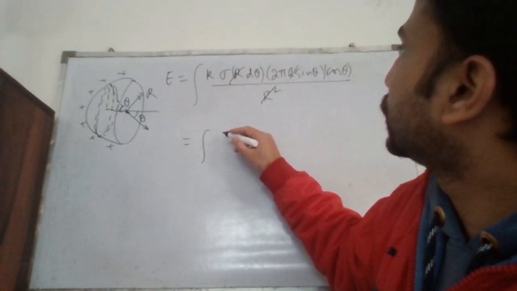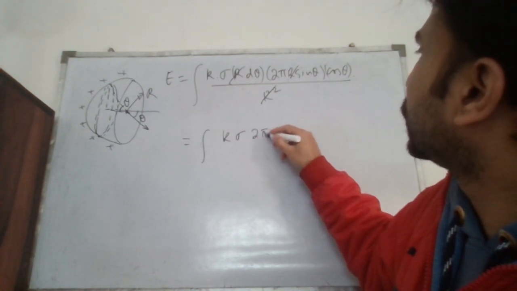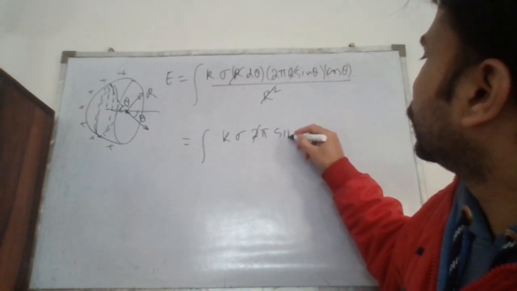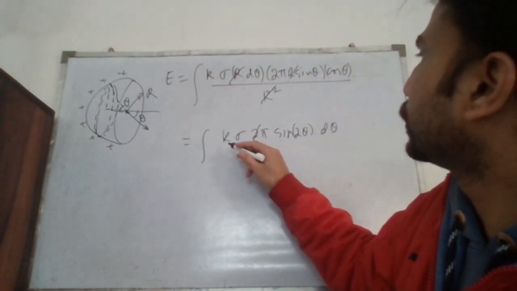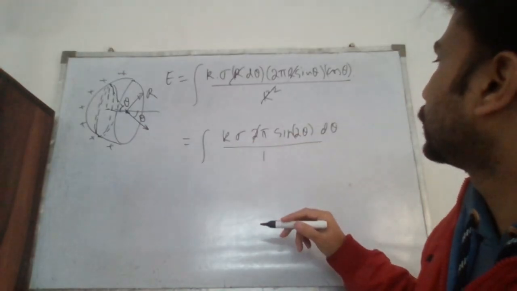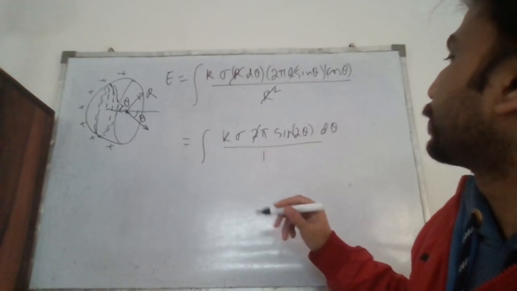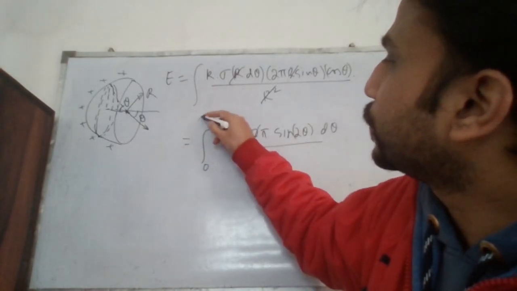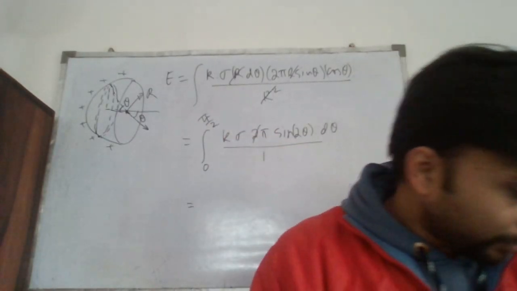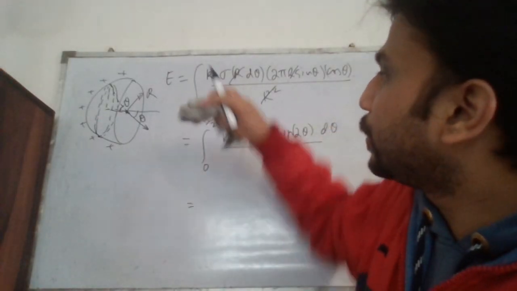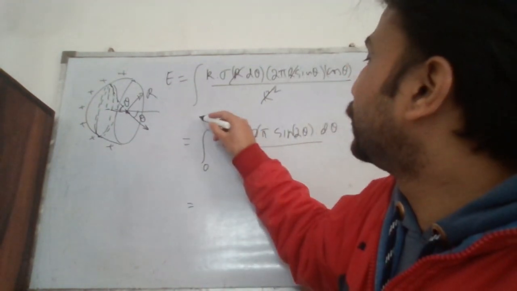So this becomes k sigma 2 pi sine 2 theta d theta, divided by 2, and we integrate this from 0 to pi by 2. So how many people know the integration of sine 2 theta?